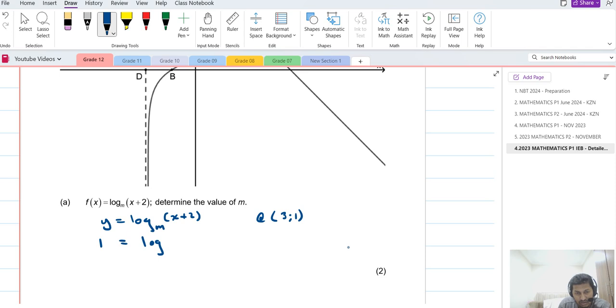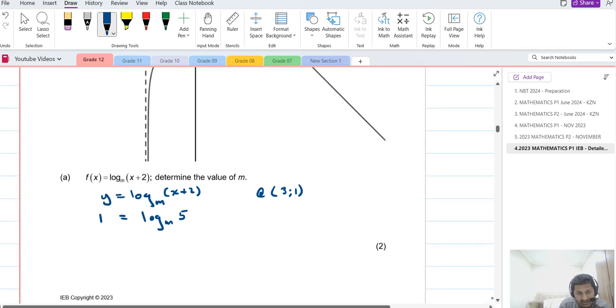Log of 3 plus 2, which is 5, base m equals 1. Now if you write this in exponential form, the base remains the base: m to the power 1 is equal to 5, right?